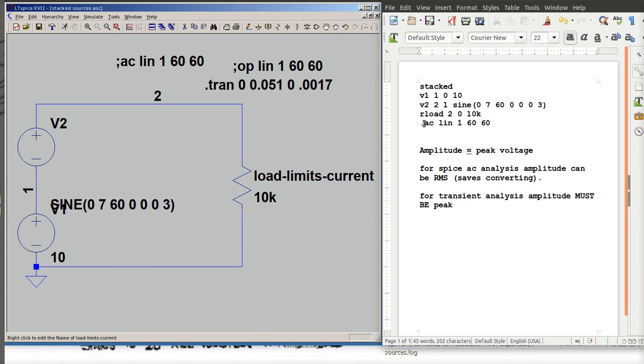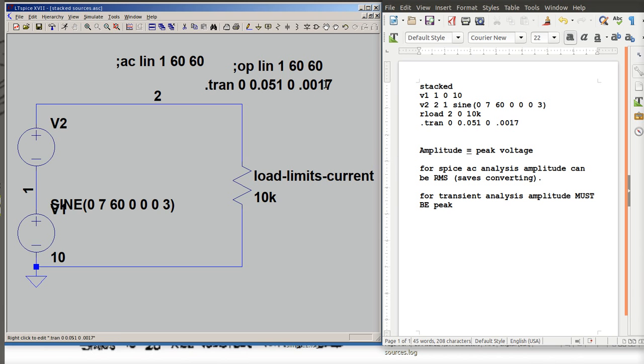So my tran analysis line, I'm going to get rid of the .ac and make it .tran space 0 space 0.051, which is the total time that I want this to simulate, the end time, my stop time, space 0, which is my start time, and then how often do I want it to sample in time, which is 0.00017.